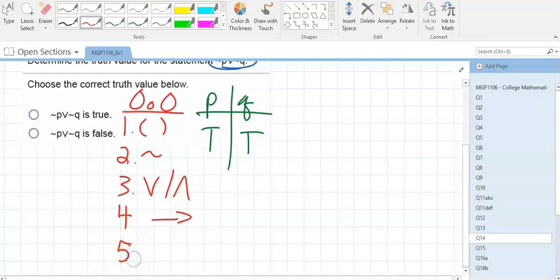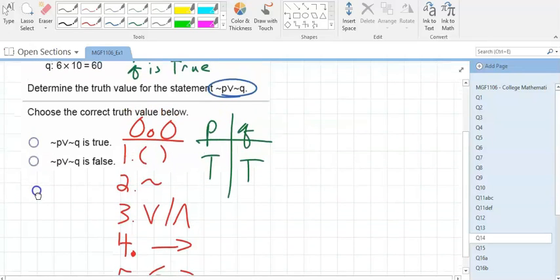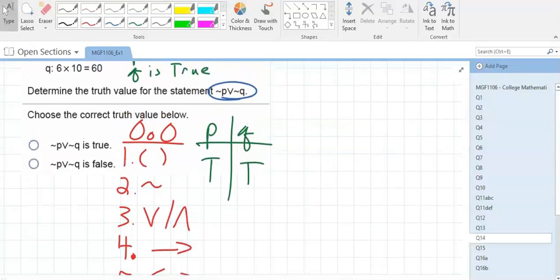And the last piece you will do is the biconditional. That was the order of operations. So when we look at this, do I have any parentheses? Nope. Do I have negations? Yes, and let's work these from left to right.